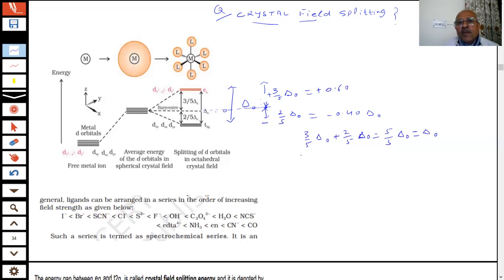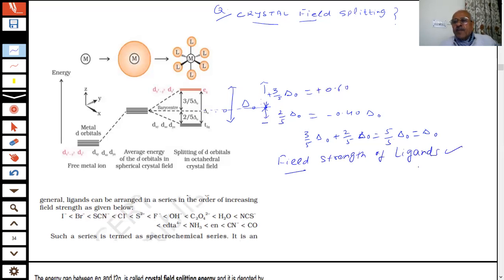Now, the important point to note is that we are using the field of the ligand, students. Certain ligands have more field and certain ligands have less field. Now the question is coming: what is the field strength of the ligands?